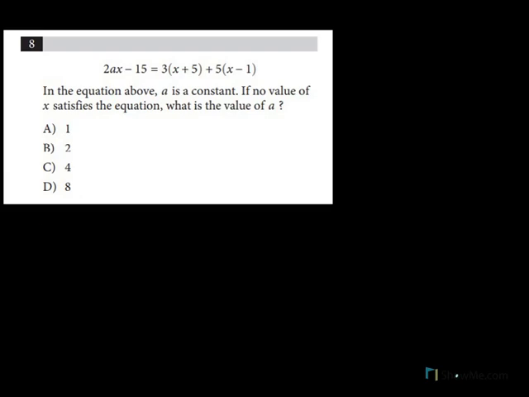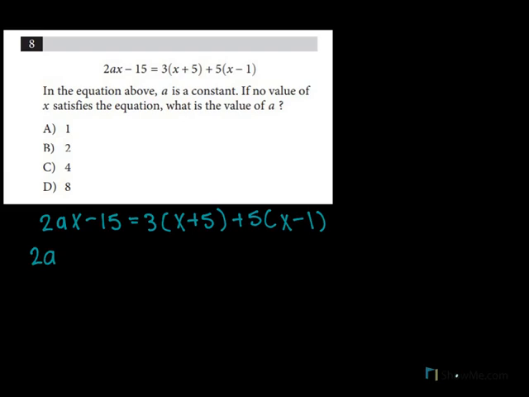So first, let's write out the equation. 2ax minus 15 equals 3 times the quantity of x plus 5 plus 5 times the quantity of x minus 1. And now we're going to distribute the right-hand side.